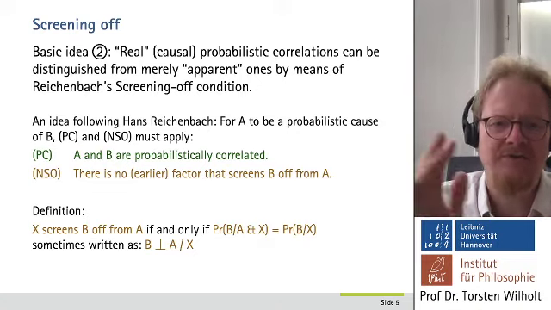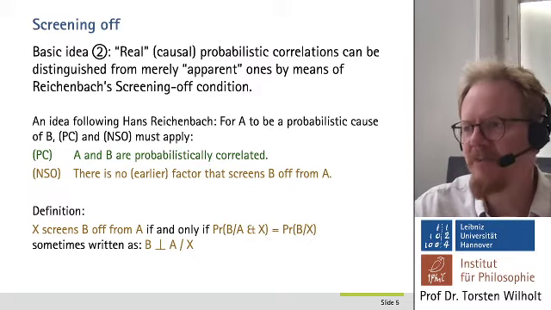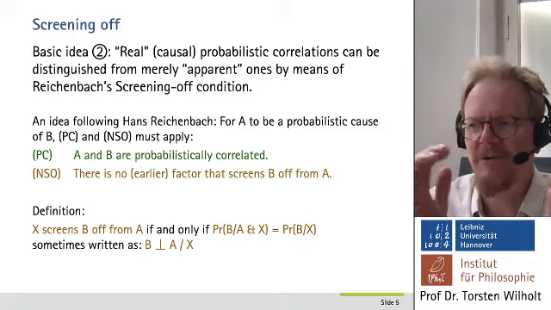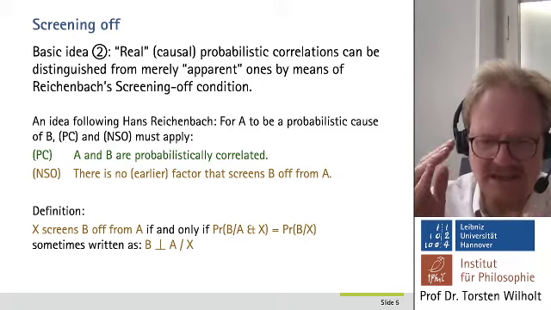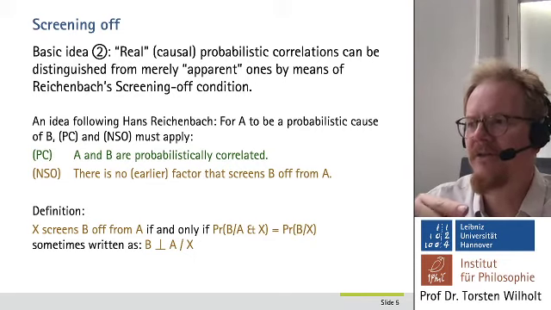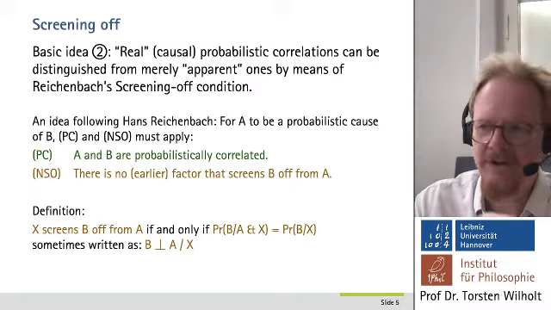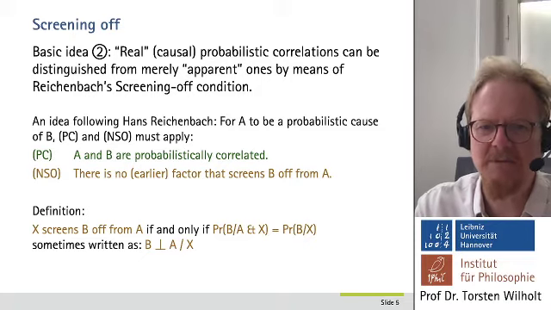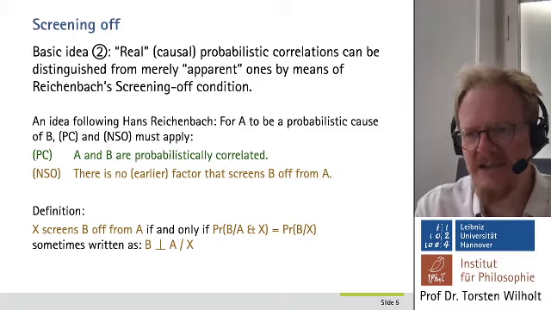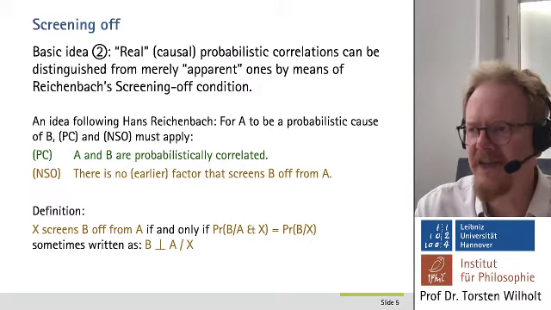That's the idea. So, for example, X in the case of the barometer and the storm is a sudden drop in atmospheric pressure, because the sudden drop in atmospheric pressure is the cause of both the barometer reading and the storm. So, if you look at just the barometer reading and the storm, the probability of getting a storm, given that you have a drop in the barometer reading, is higher than the unconditional probability of getting a storm.